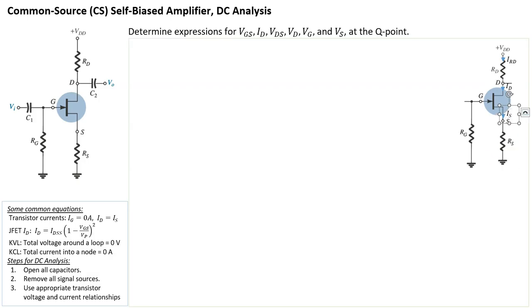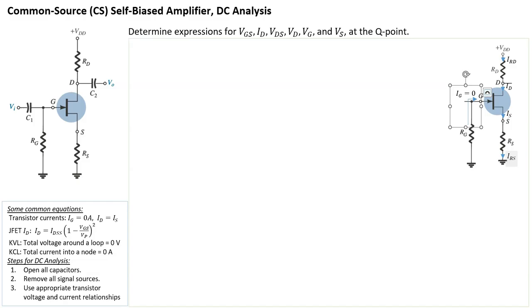Then the current that goes through RS, I call IRS. And the current that goes into the gate, which for an FET device is always going to be 0, because of the way the FET is constructed. So IG flowing into the gate is 0 amps. Sorry, let me just put this down a bit.